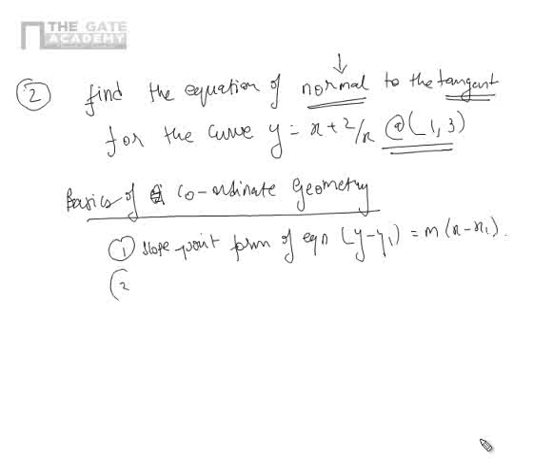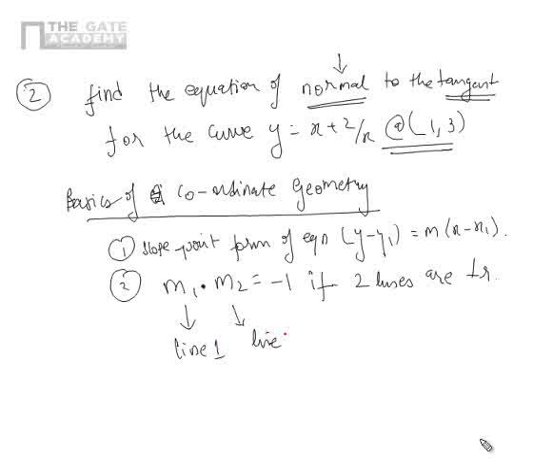Second point is what? m1 into m2 equal to minus 1 if two lines are perpendicular, where m1 is the slope of line 1, m2 is the slope of line 2.